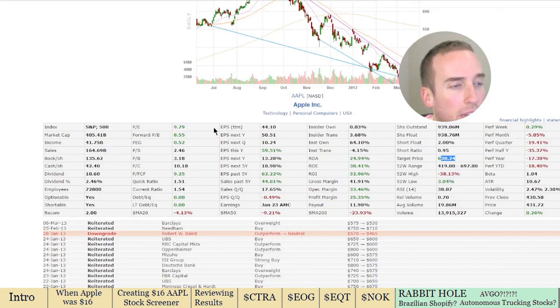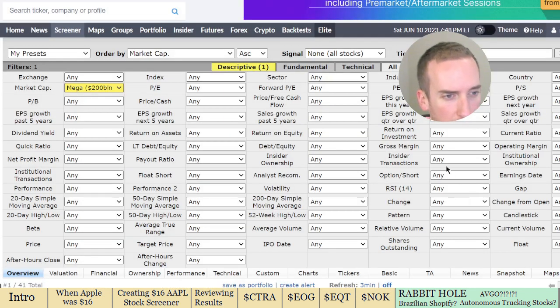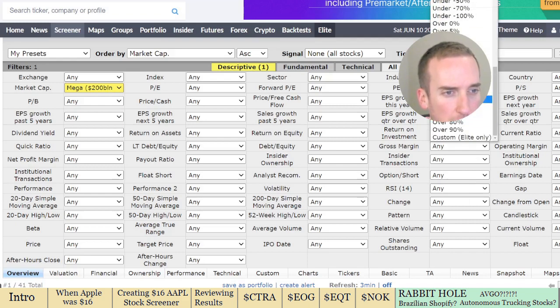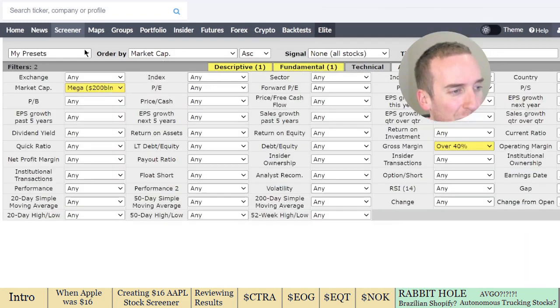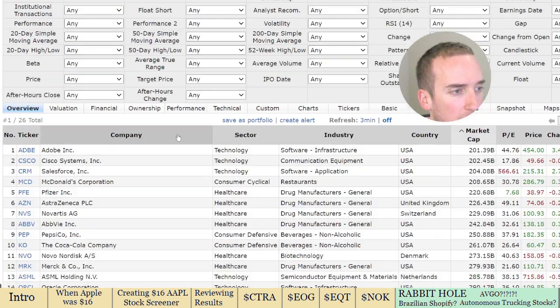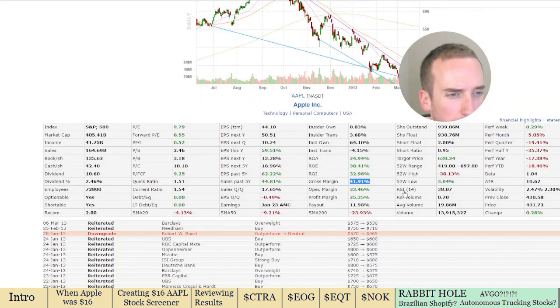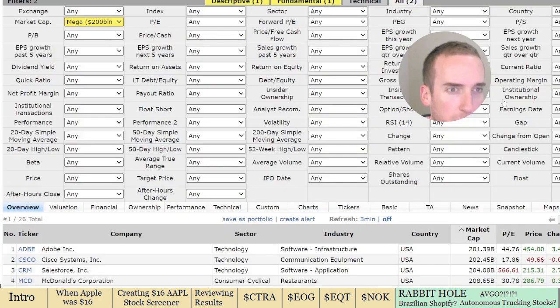And I mean, Apple, like their PE and their forward PE were so strong. Okay, let's skip that. Let's look at gross margins over 40%. Over 40%. Let's look at sales past 5 years.